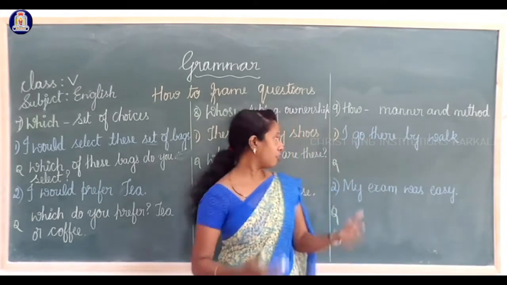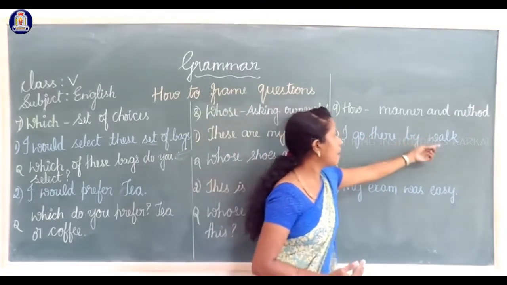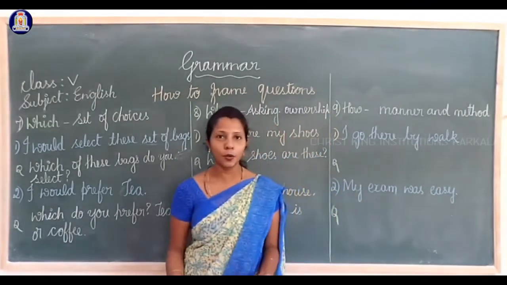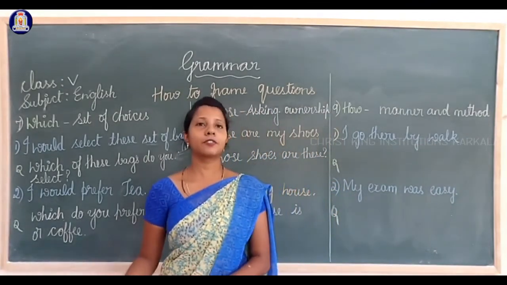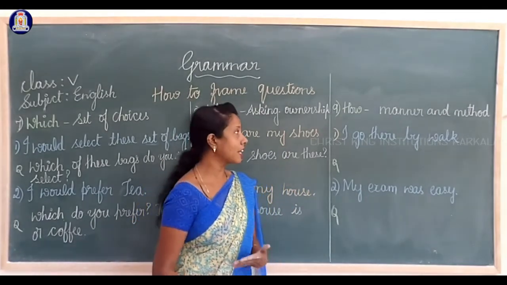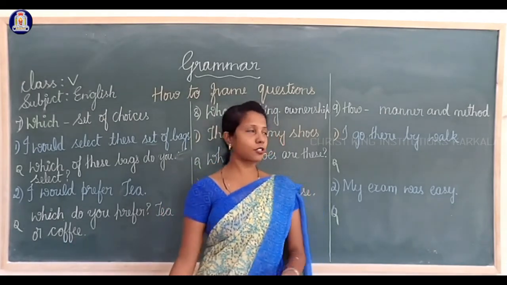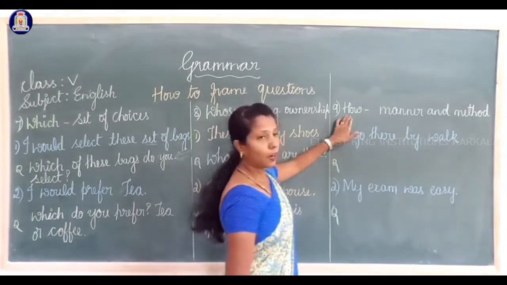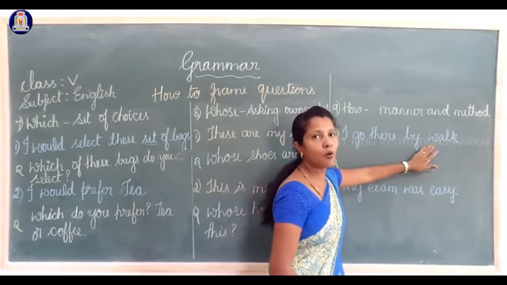If we take the first sentence, I go there by walk. How did you go? Whether by walk, by bus, by train or by flight, it is a manner, or the mode or method that you have used.